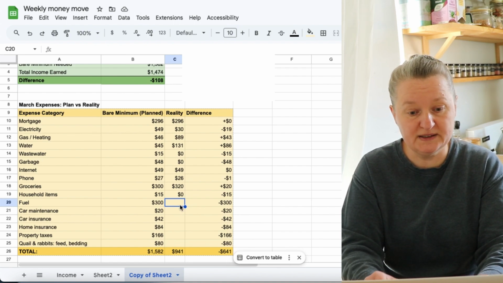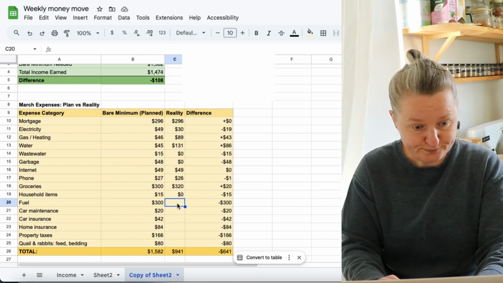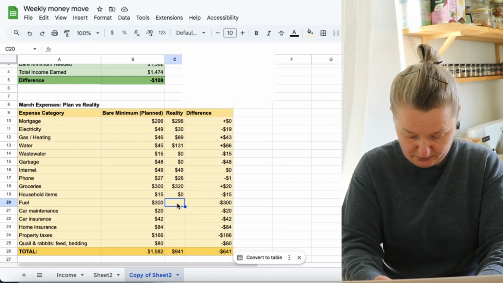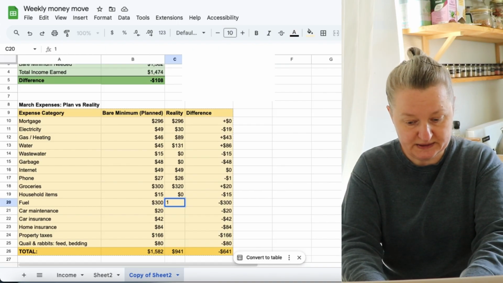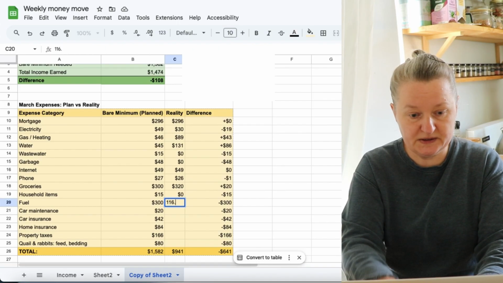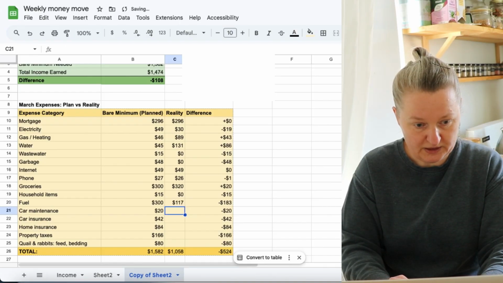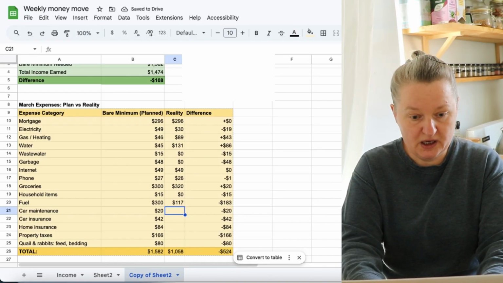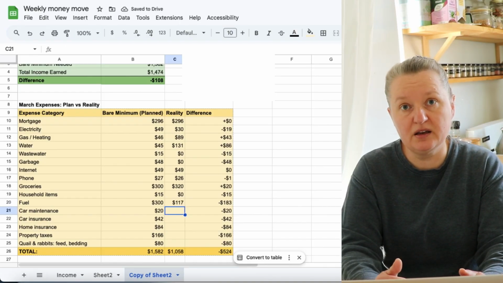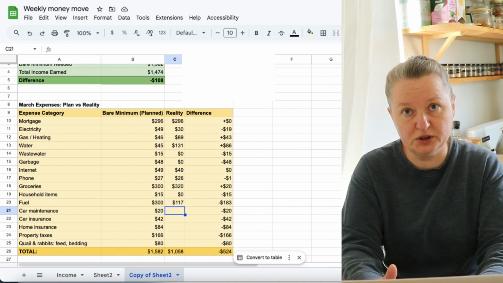For consistency and clarity, let's keep that $320 under groceries, because all the spendings went under one bill. Fuel, I spent $116.88.